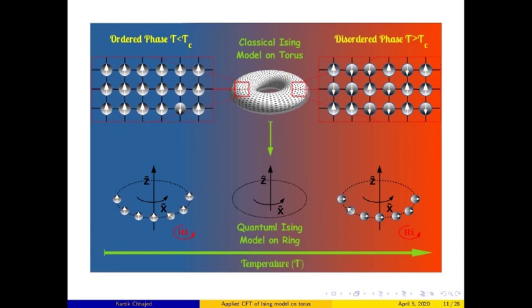Whereas in the quantum Ising model, when the coupling parameter is very small, the spins try to align in one direction, either spin up or spin down. And when this coupling parameter is very large, all the spins try to align in the positive x direction, which leads to magnetization 0.